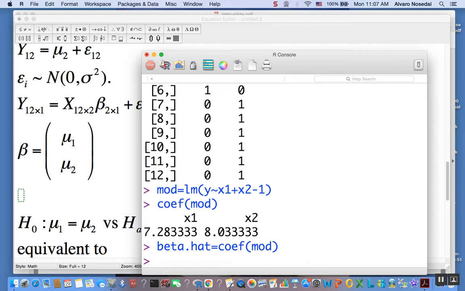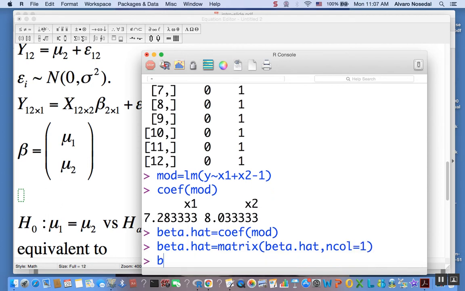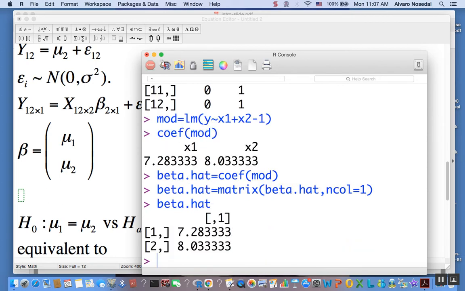Now again, since we want to treat that as a vector because we're going to be doing some matrix multiplications, let's make sure that R knows that. So matrix beta hat, number of columns just 1, so beta hat is a 2 by 1 vector, as it should be.